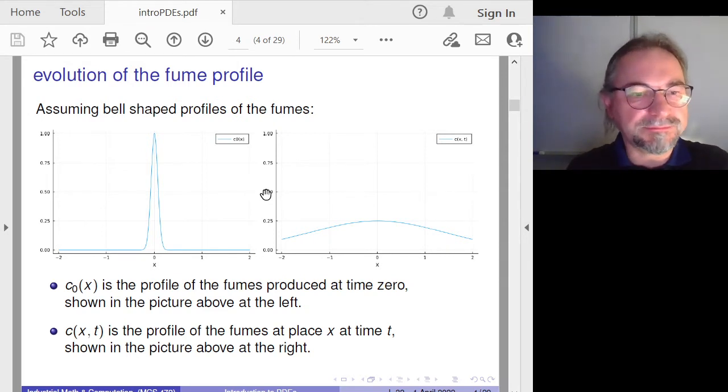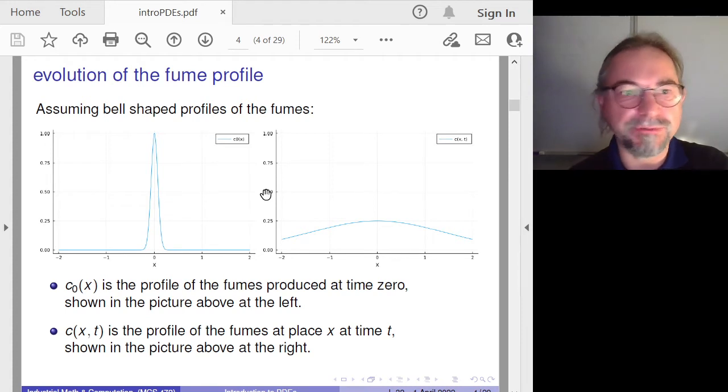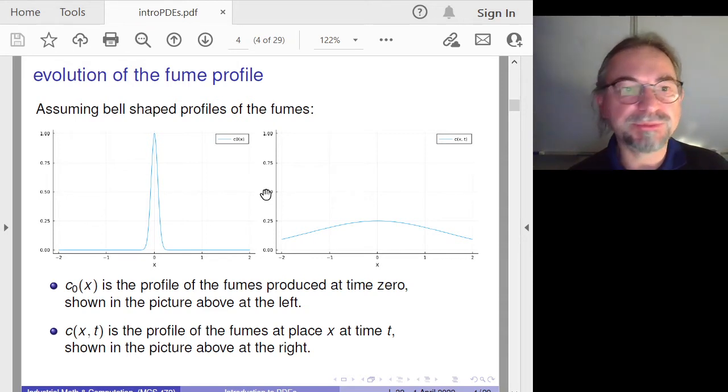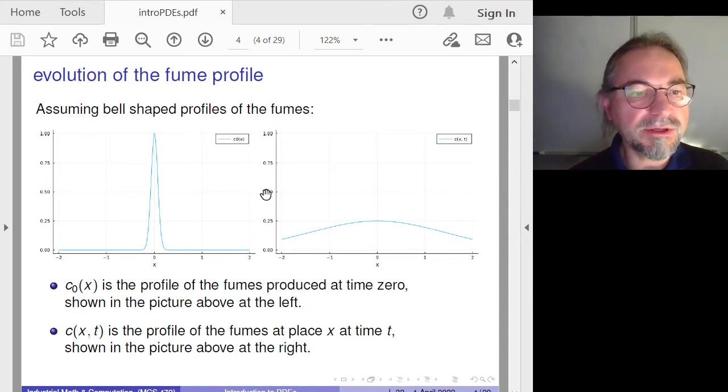So what do we have? We have a concentration. C is for concentration. So we have a given profile. Here I just plotted a bell-shaped curve. The profile is just a function, the bell-shaped curve, but then there is the profile of this function as time evolves.